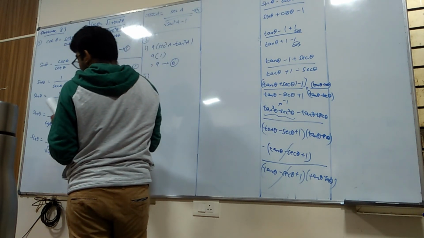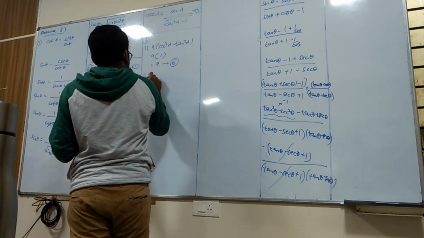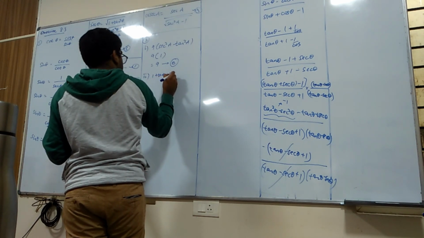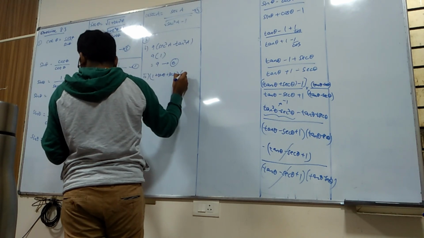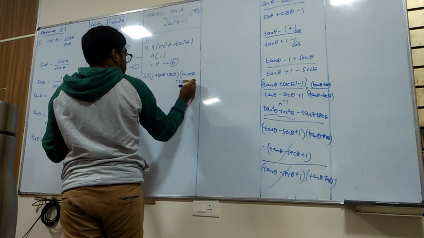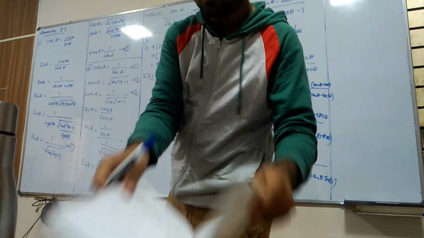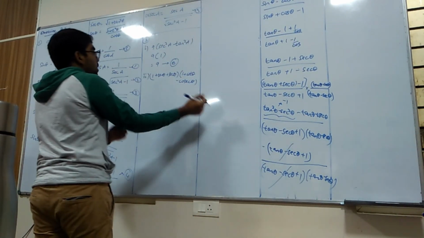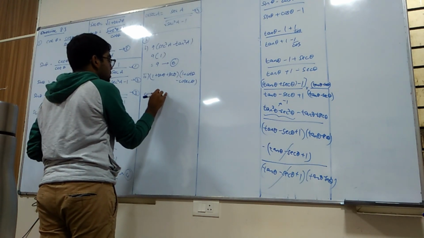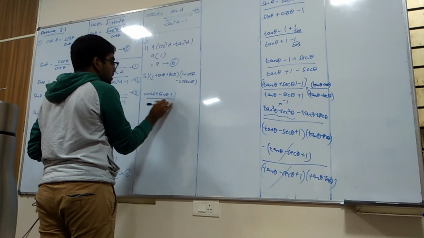So next one. What have they given? 1 plus tan theta plus secant theta into 1 plus cot theta minus cosecant theta. Right. So express everything in terms of sin and cos. Tan is sin by cos. Cot is cos by sin. Secant is 1 by cos. So the first part is cos theta plus sin theta plus 1 divided by cos theta.